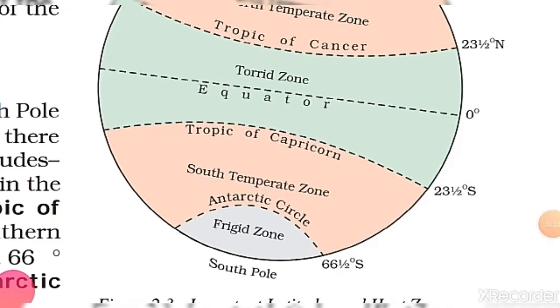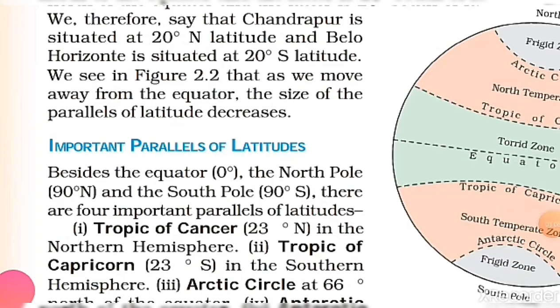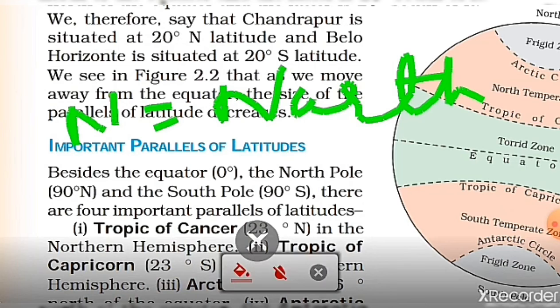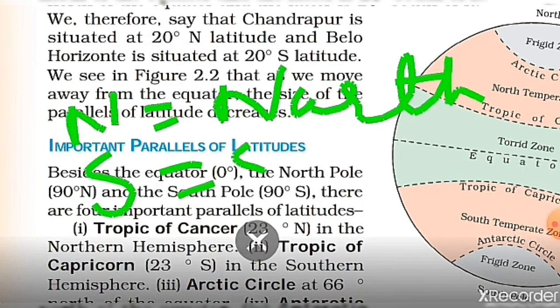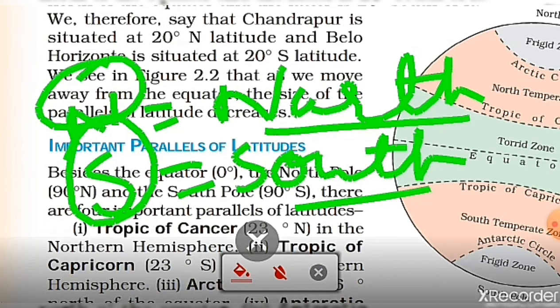All parallels north of the equator are called north latitudes, and all parallels south of the equator are called south latitudes. N represents North and S represents South.